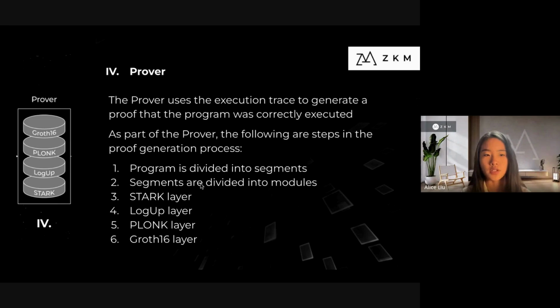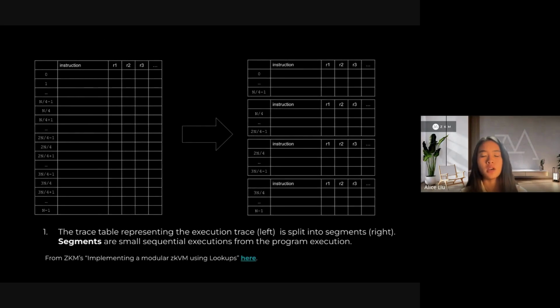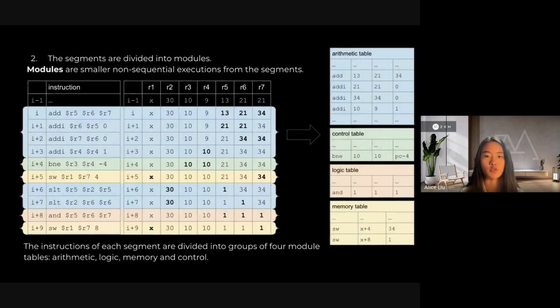And here are some of the particular steps in that proof generation process. Essentially, first, that trace table that we just saw is divided into smaller segments, and those are just smaller sequential executions from the program execution. Those segments are then divided further into modules, groups of 4 different modules depending on the type of operation that each instruction uses.